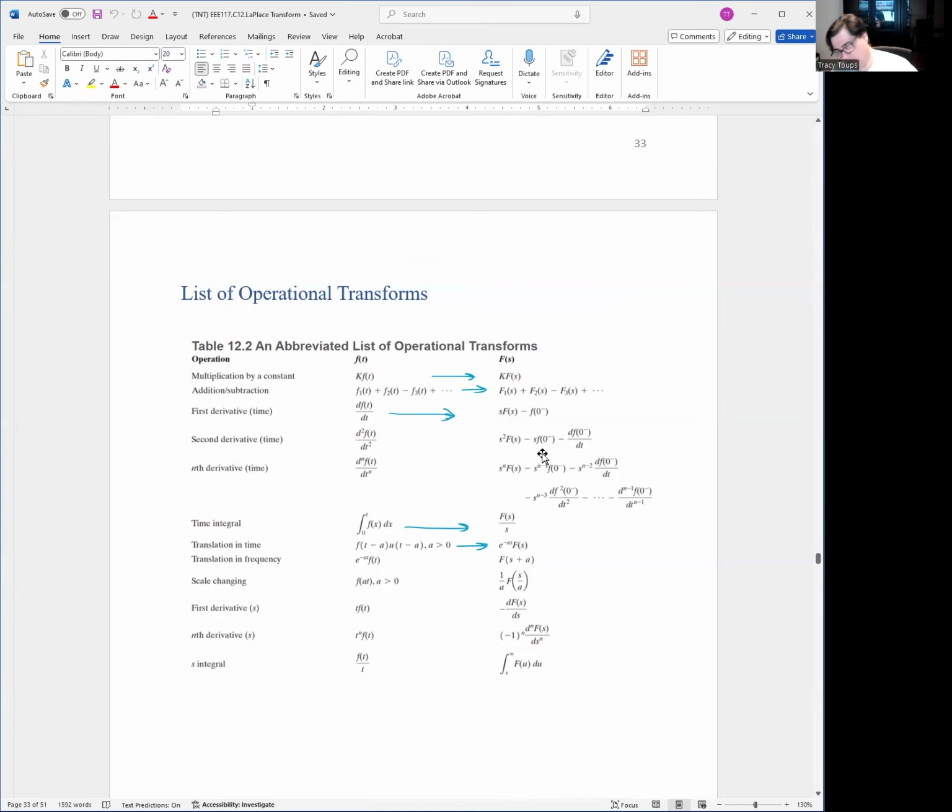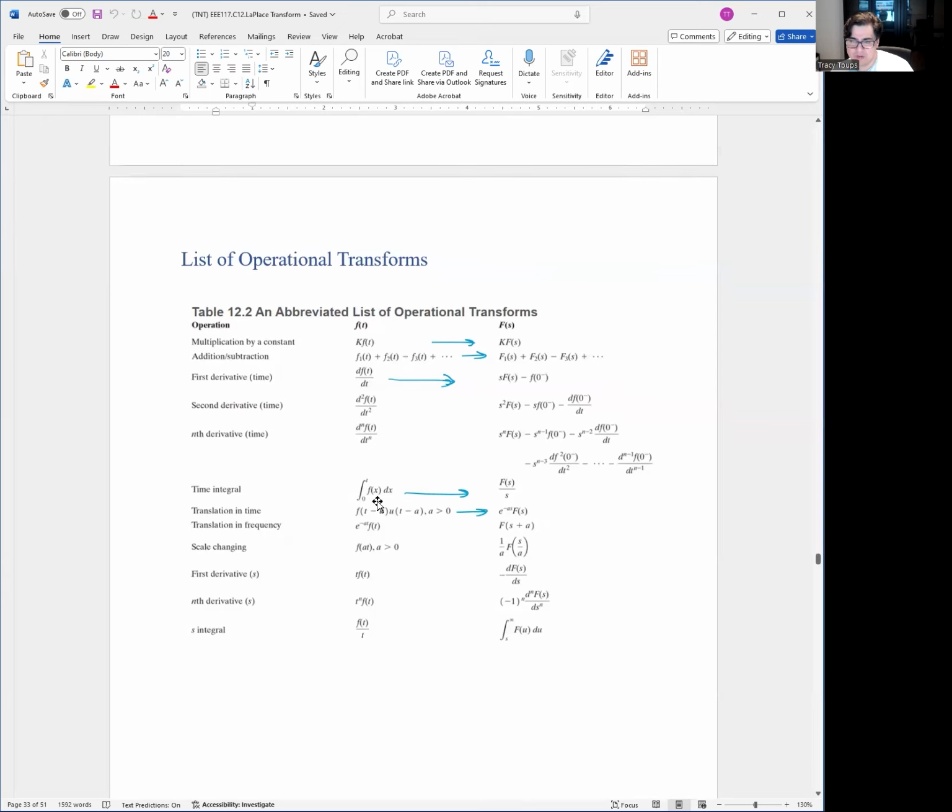So s times whatever initial condition we figured out, minus the derivative of the initial condition, which could be 0, could be something else. Okay. And then technically you could do it for the nth level, but I've never seen anything over second derivative, honestly. Right. But this is how you would do a Laplace transform for higher order derivatives.